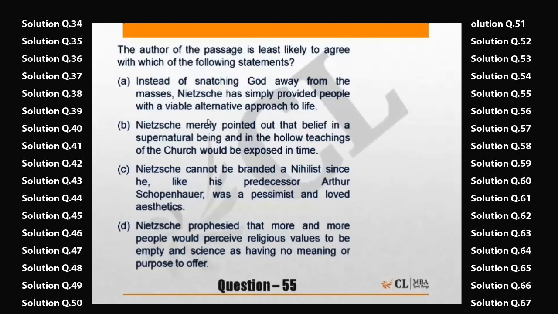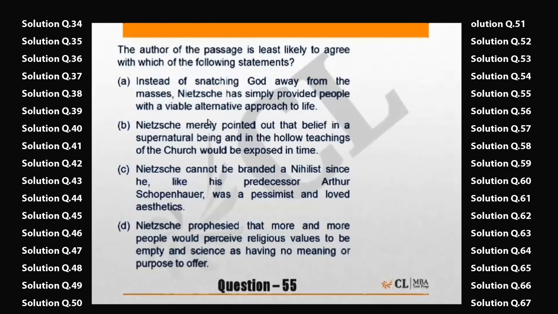So, while it says that Nietzsche had great appreciation for the aesthetics, the passage does not clearly state Nietzsche to be a pessimist himself. The passage also states that one must be careful not to mistake Nietzsche for a nihilist, because all he was saying is that both supernatural belief and superficial values imposed by the church have proven only to shackle humanity's mind, and as time goes on, these things will be shown to be fatuous.